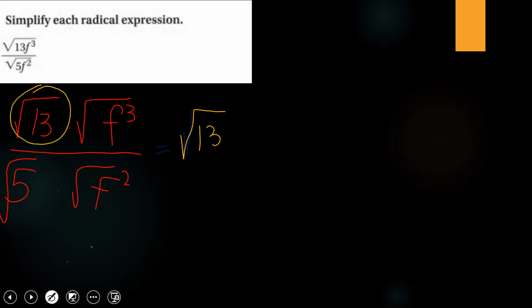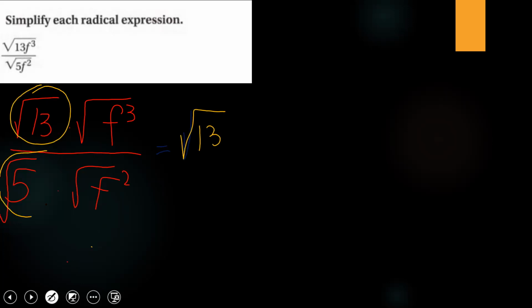Then after that, here we have the square root of 13. As we know, 13 is a prime number, so this is the simplified one.